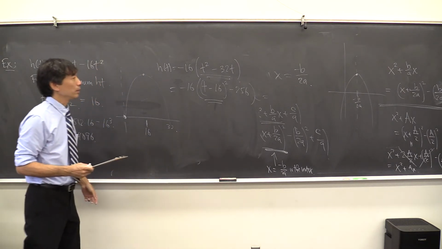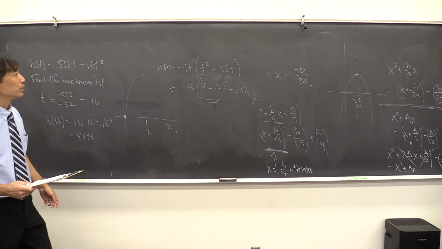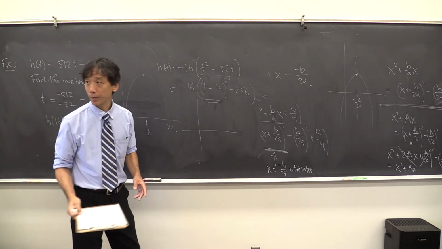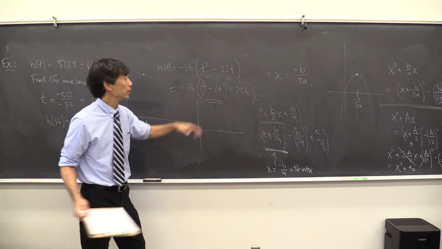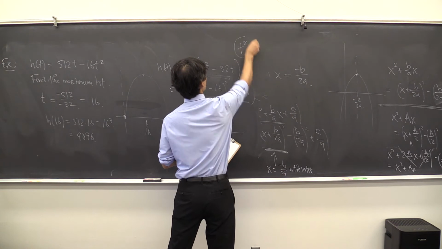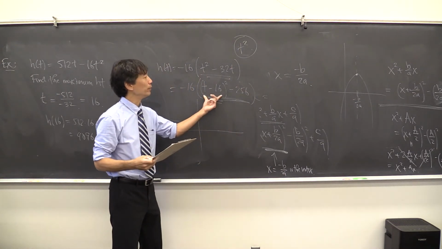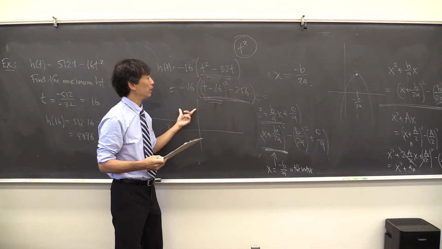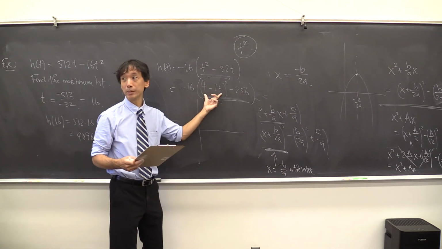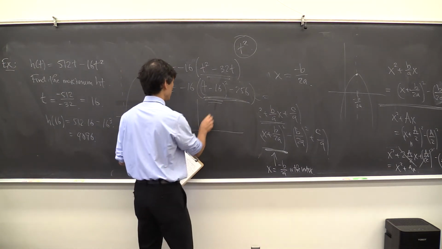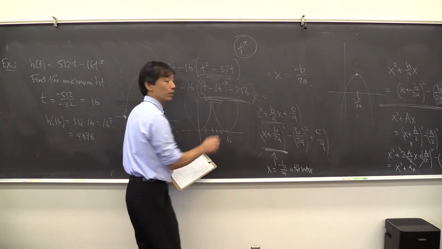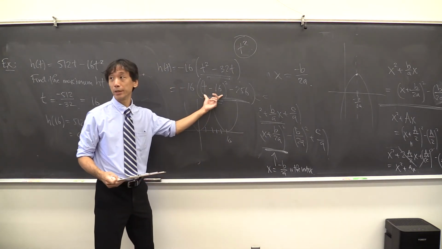Okay. So yeah, just think about this thing in terms of translations. This guy inside here is the t squared function, but it's been moved over. It's shifted by 16 seconds. So you've got the t squared function, but it's been moved over 16 units. This is a translation here.